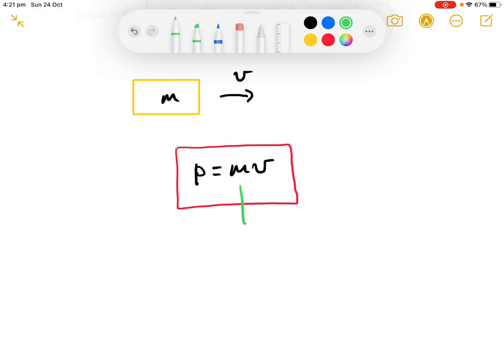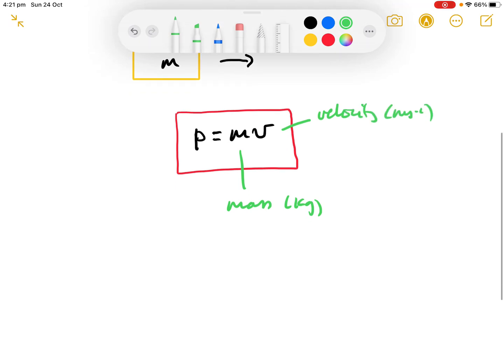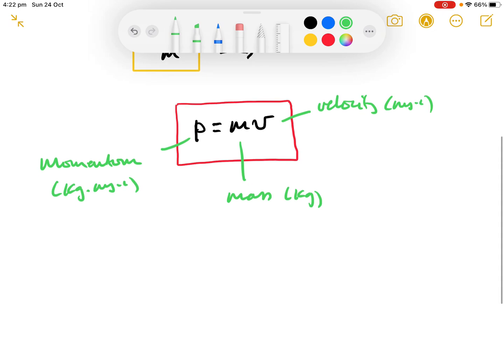The mass, of course, must be in kilograms. The velocity is in meters per second. And this is therefore the momentum, and that will be in kilograms meters per second.